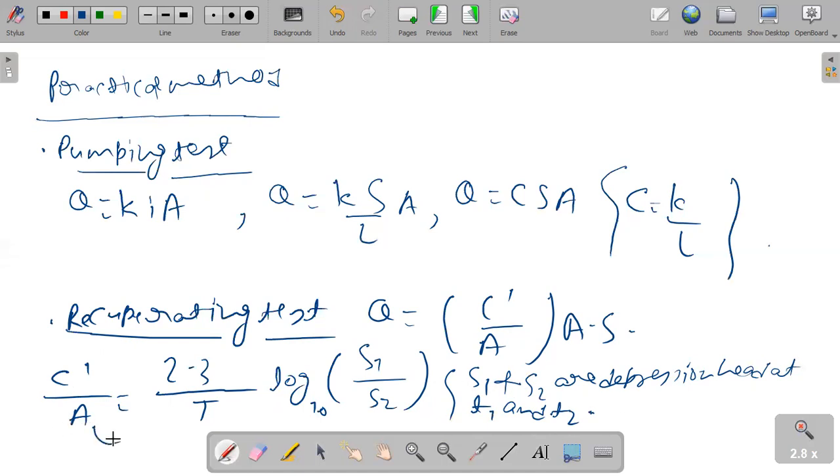And this C dash A is the specific yield. Do remember these formulas. So this is the practical method, these two tests: the pumping test and the recuperating test. Let's move on to the next thing, the yields of wells.